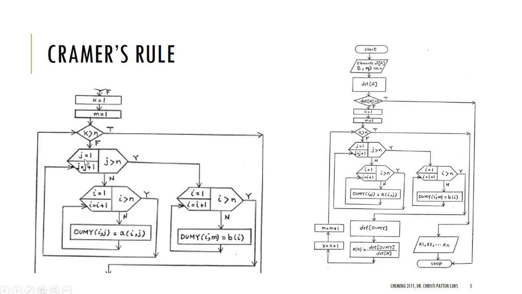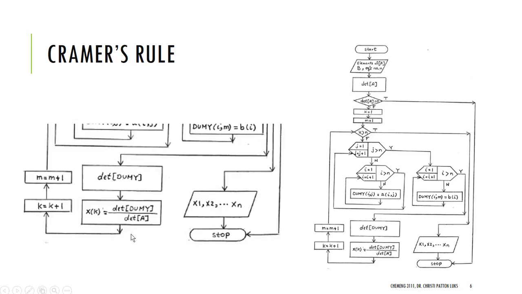Once I'm out of the loop, I can just leave. I'm going to go through and replace the jth column and then evaluate that determinant. This gets me the determinant for the numerator, and then I'll divide that by the determinant of A. Each one of those ratios, therefore, will get me the value of x.